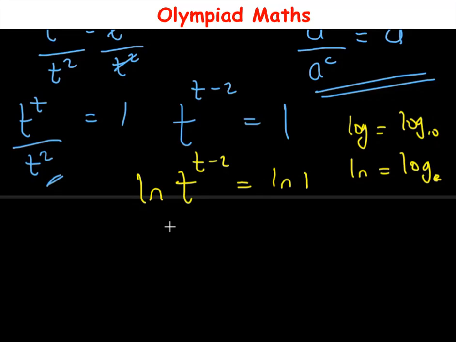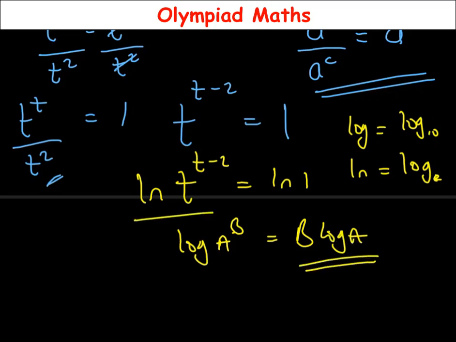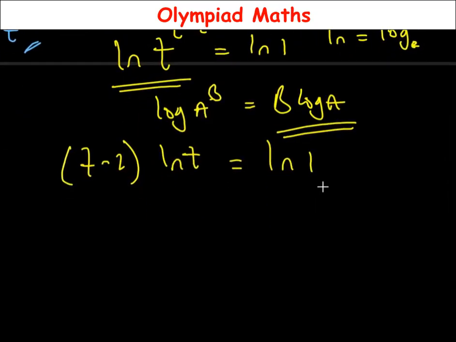Following the property of logarithm, log of a raised to power b becomes b times log a. So power t minus 2 becomes t minus 2 multiplied by ln t, which equals ln 1.